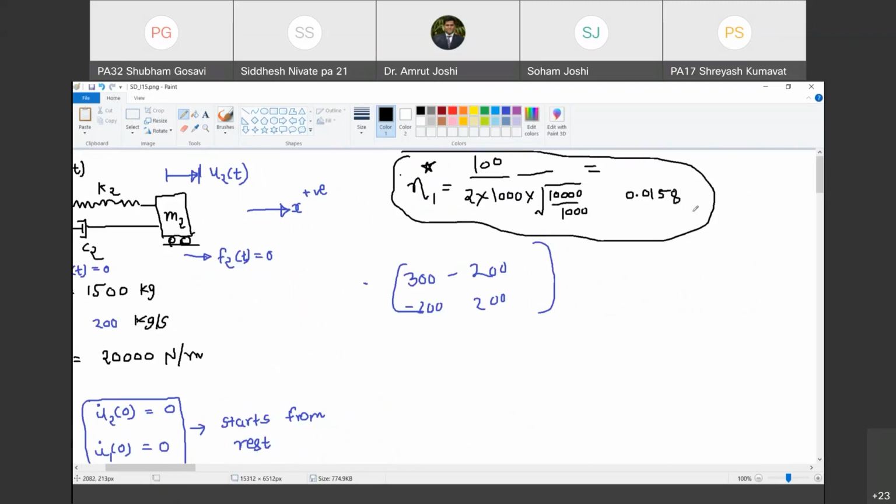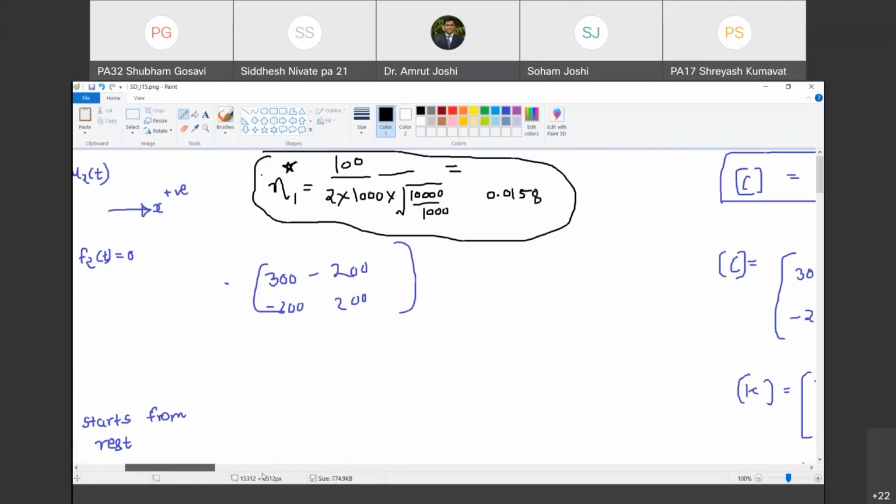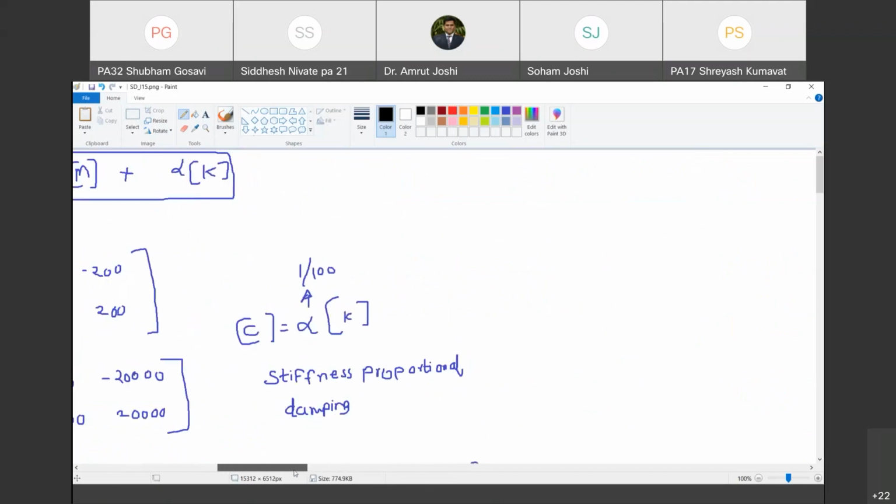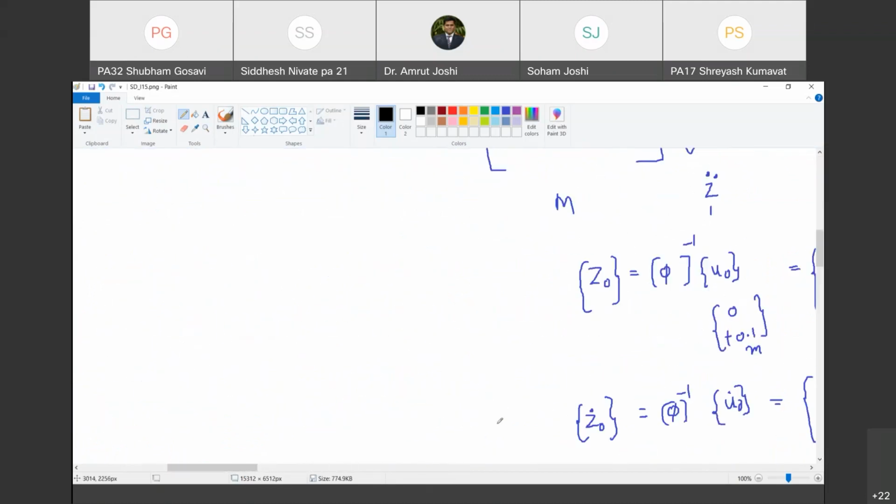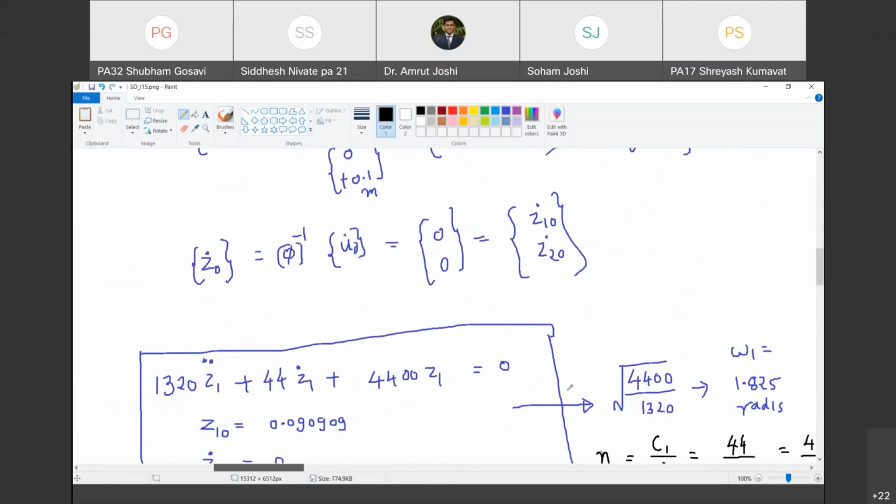So you have to understand that whatever value of eta we get this way is not the same as the value of eta that we get in the generalized coordinate system. Are you with me? Yes, sir. This value is of very little use to us because we are going to solve the system in the generalized coordinate system. Happy? Yes, sir. So having said that, let us move ahead.